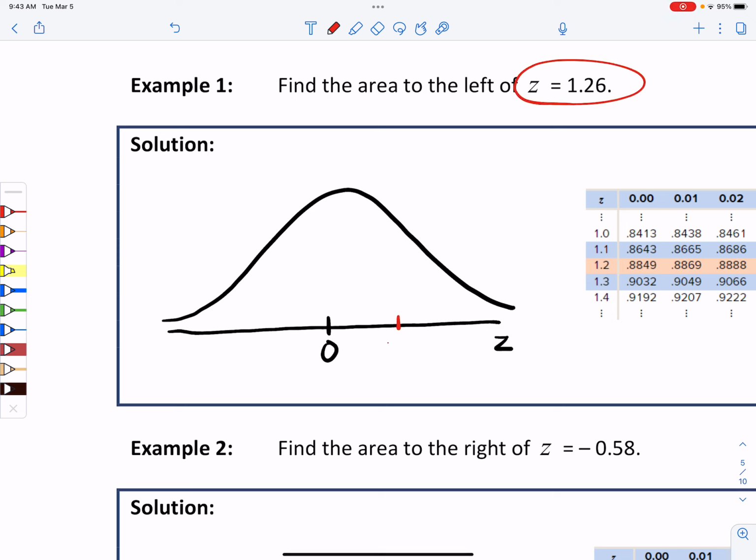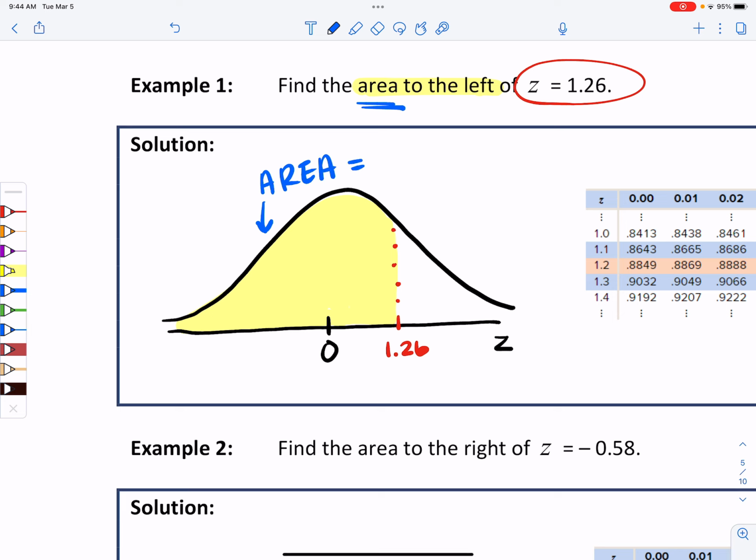So I'm just approximating, keeping in mind that we go 3 standard deviations to the right based on our empirical rule. And what I'm asked to find here is the area to its left. So I want the area of this entire region to the left of 1.26. That's what I'm being asked to find here, the area to the left of 1.26.